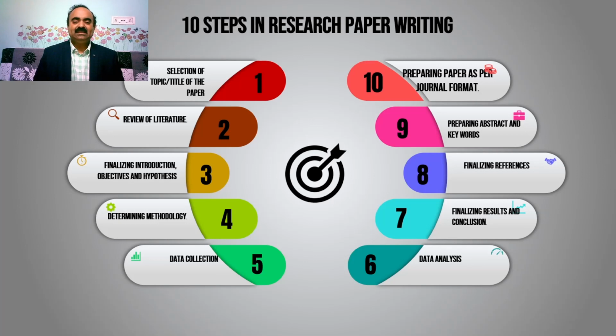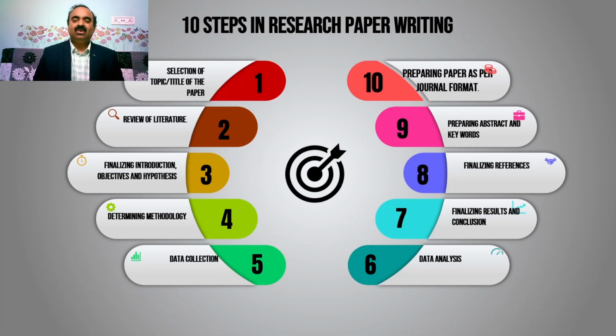Second step is review of literature. Here you have to study the different papers available in different sources. You can go through Shodh Ganga website. Shodh Ganga is an Indian reservoir of PhD theses, and you can also go through ResearchGate site where you will find lot of research papers.